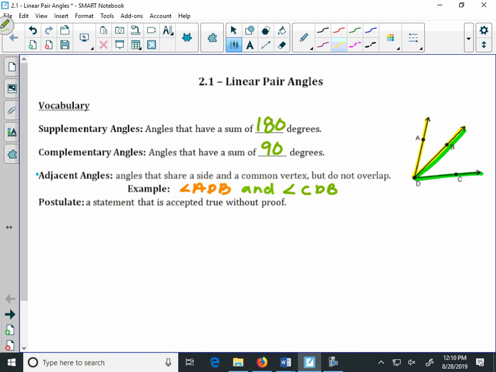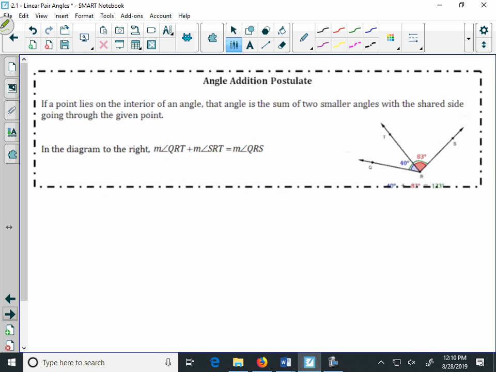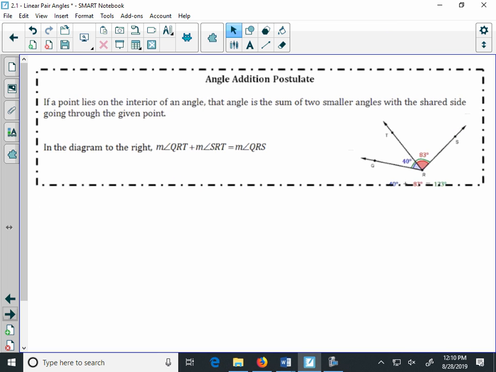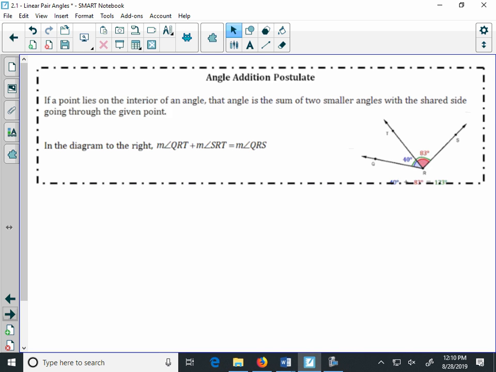It's just kind of like, yeah, that's true. I can't argue against that. Right? Which, knowing that definition, leads us to our first postulate.